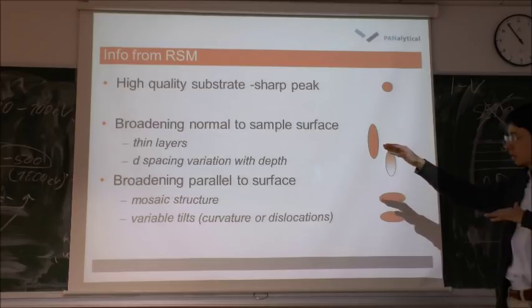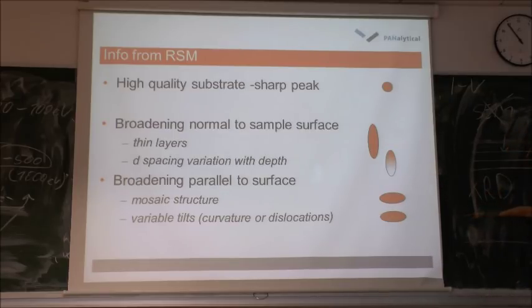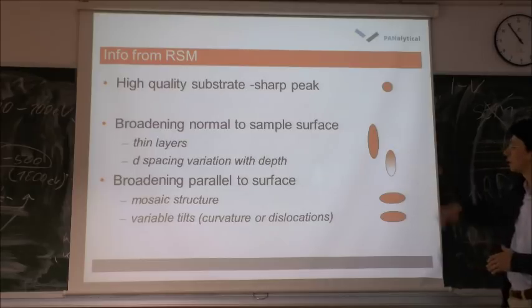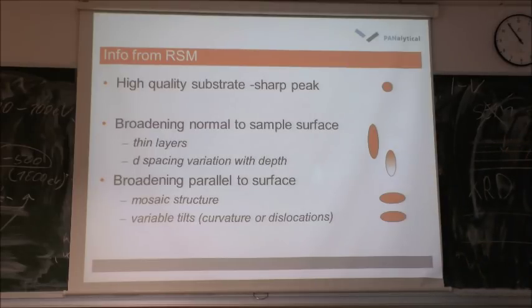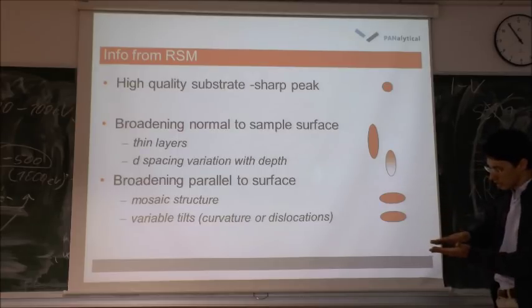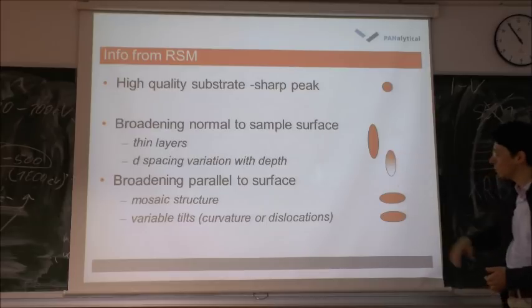Since we are dealing with thin films, these are not perfect 2D structures, so they have a certain thickness, and that implies that these rods are not really rods, but elongated peaks. The same can be obtained in case we have a certain d-spacing distribution in the thickness of the film, so we get this kind of peaks.